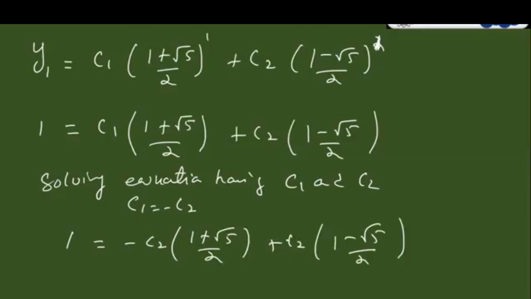So just take out the common c2. Whatever we are left with is this term I am writing first: (1 minus root 5) upon 2, minus this whole term, (1 plus root 5) upon 2, and this whole thing multiplying c2.